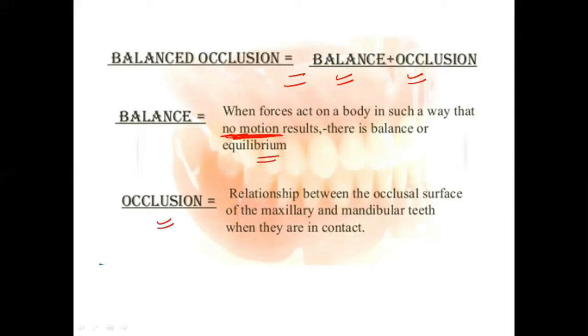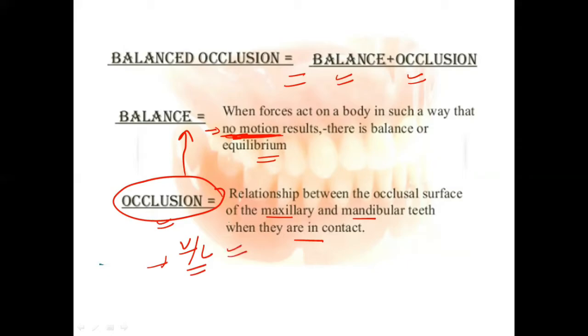We have discussed that it is the relationship between the occlusal surfaces of maxillary and mandibular teeth when they are in contact. That means in occlusion, there is contact and it should be balanced. That means there is no motion. So while occluding upper and lower teeth, if there is no motion, that means they are in static position. That is called balanced occlusion, right?